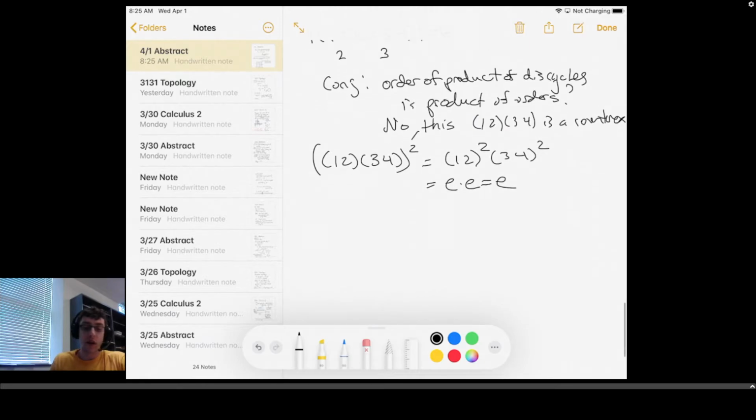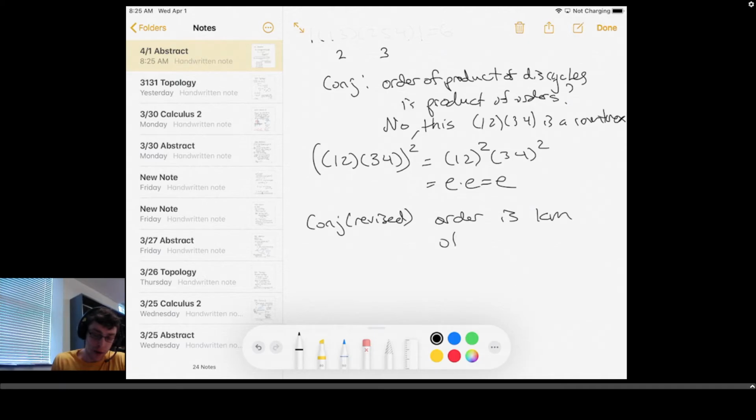And so this is where you might conjecture, like a revised conjecture would be that the order is the LCM of the orders, not the product. Basically that if they share a common factor that somehow that matters, right?